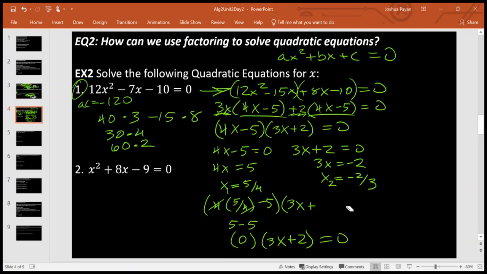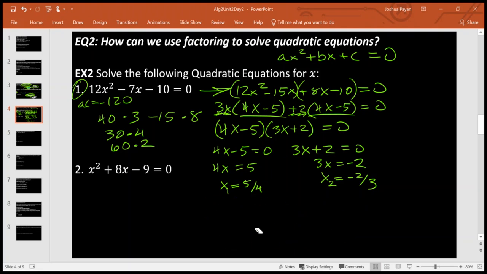So what I'm going to want to do next is prove to you that the other one also works. So this negative 2/3, if I plug it in here to this other binomial, I know is going to give me 0. So let's go ahead and check it out. So 3 times negative 2/3 plus 2.